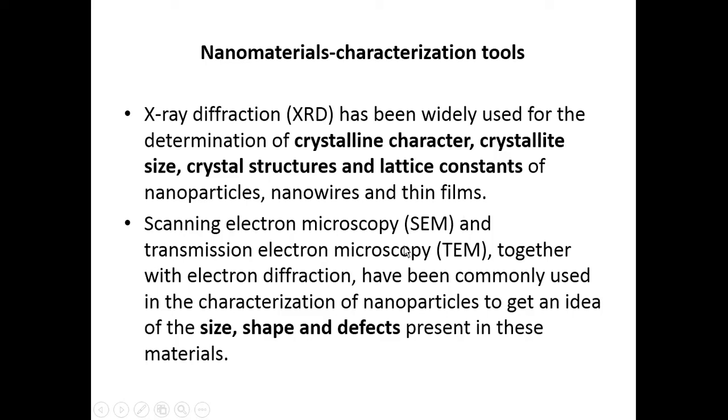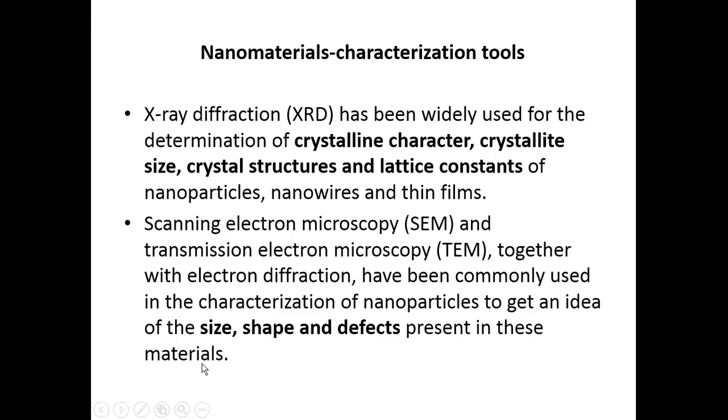Scanning electron microscopy and transmission electron microscopy, SEM and TEM, together with electron diffraction, have been commonly used in the characterization of nanoparticles to get an idea of the size, shape and defects present in these materials.